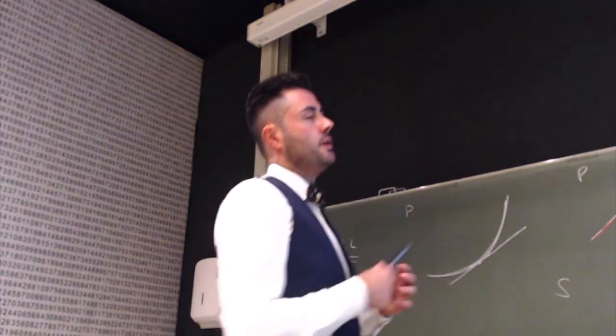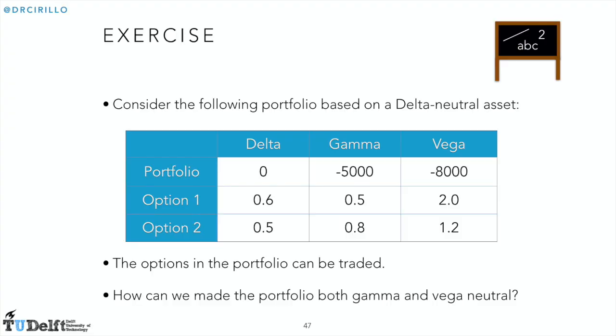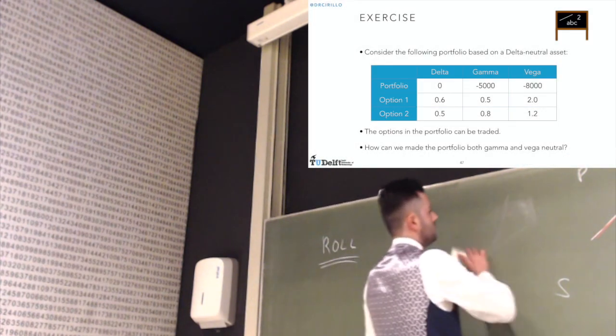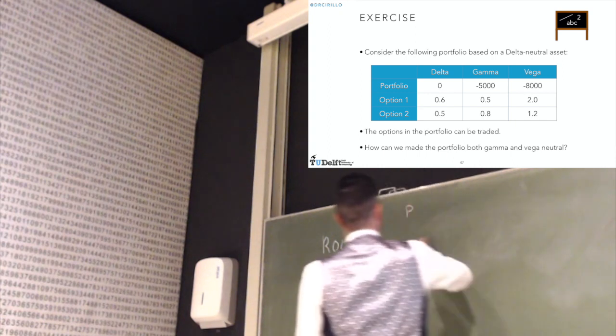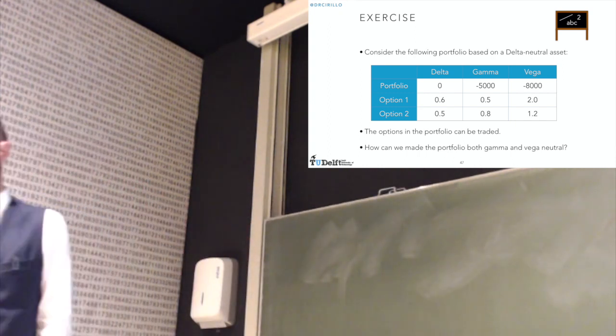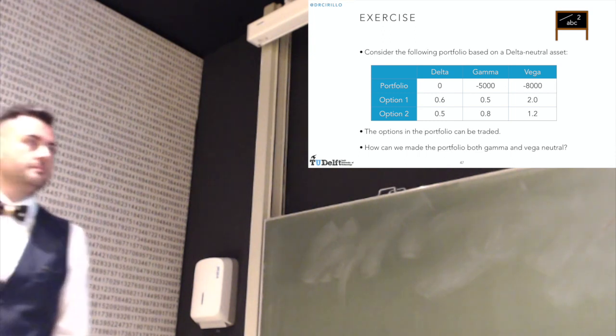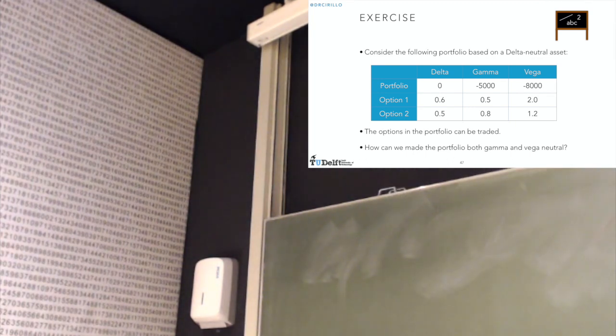So let's consider another very simple example. Now imagine that I have a portfolio which is delta neutral. So I made it delta neutral at the moment. But I know that the gamma and the Vega are not zero. The gamma is minus 5,000 and the Vega is minus 800.